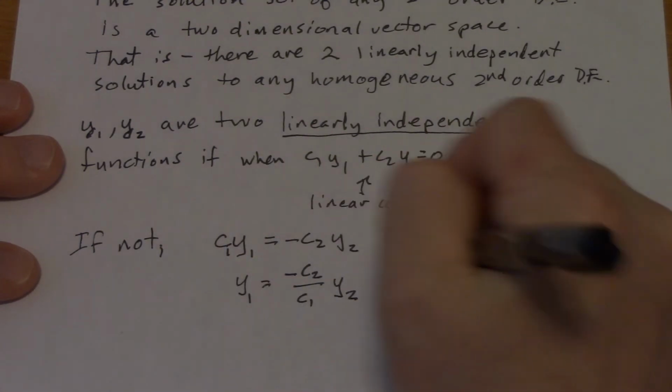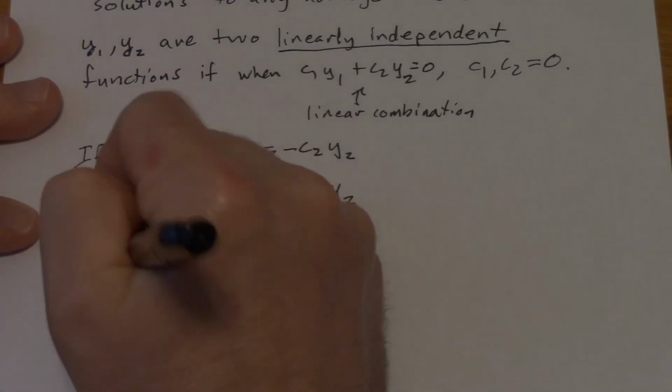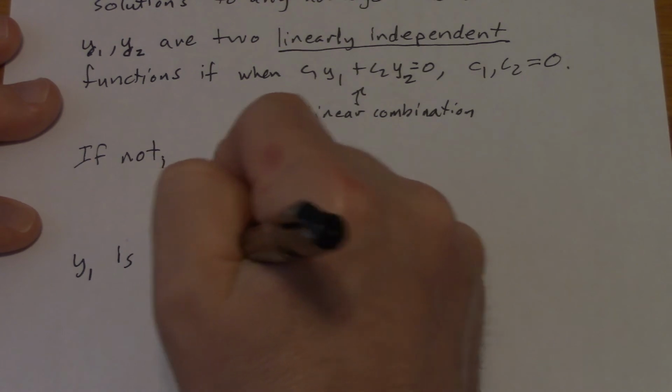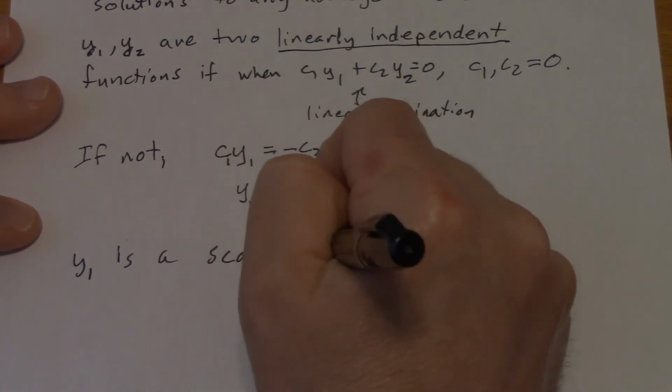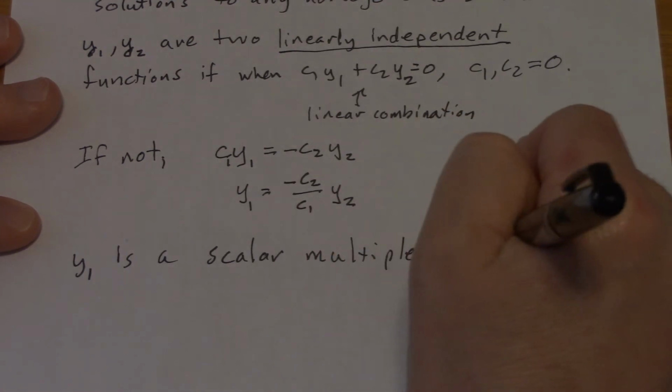Okay, so that means what? That means y1 is a scalar multiple of y2.